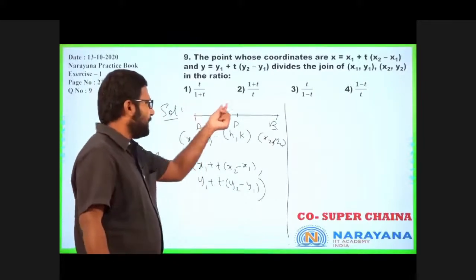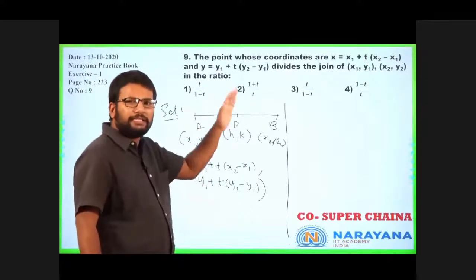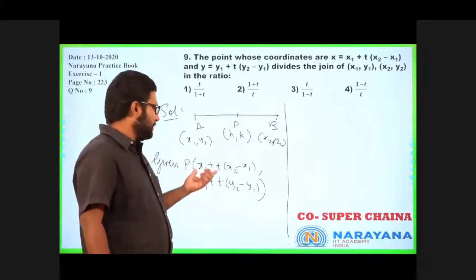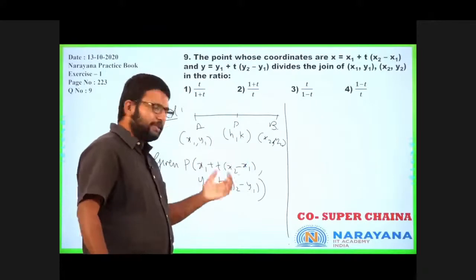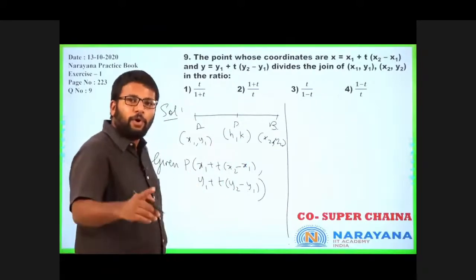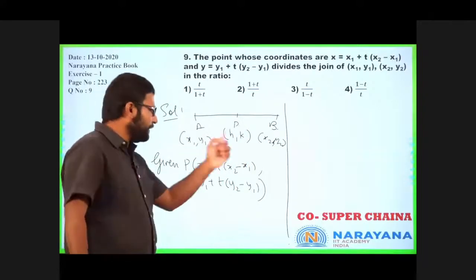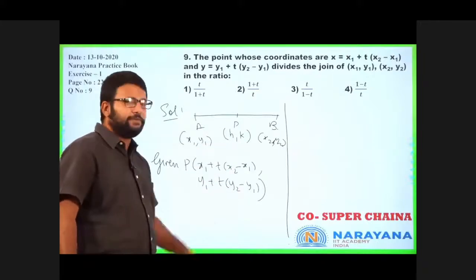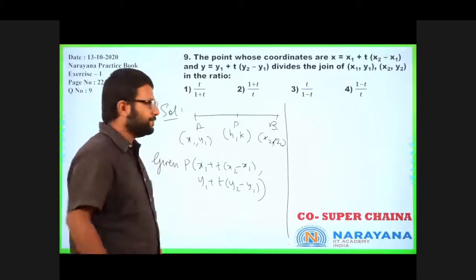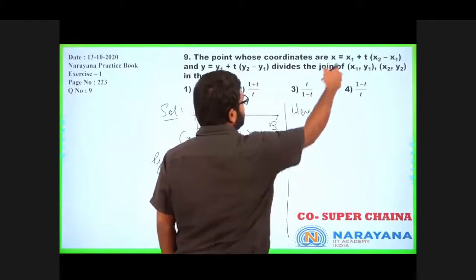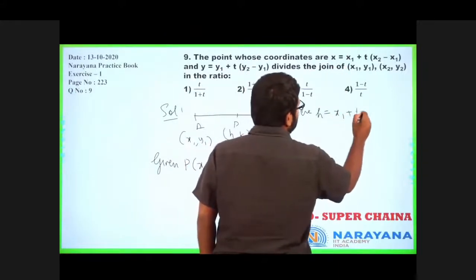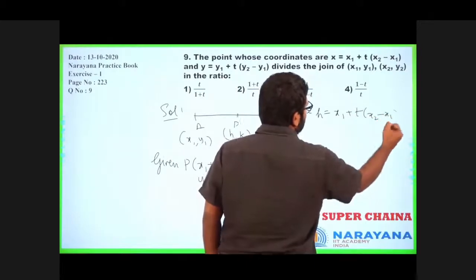Now obviously we can write m by n or lambda upon 1 and then simplify it and find h, k in terms of lambda is to 1 and then equate and figure out. Or you can do something else. You can rearrange these terms to make it look like the section formula. I can do that, no? So here h is x1 plus t into (x2 minus x1).